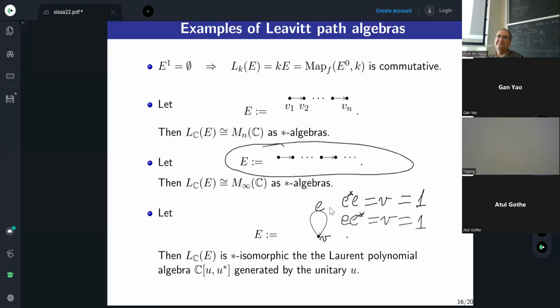Although it's a bit tricky, because the moment I draw a graph, when I do Leavitt path algebra, I always go to the path algebra of the extended graph. I always have loops because I always have ghost edges. So there is no extended graph without loops unless it is just vertices. However, these loops are collapsed by the relations, and this is still finite dimensional.